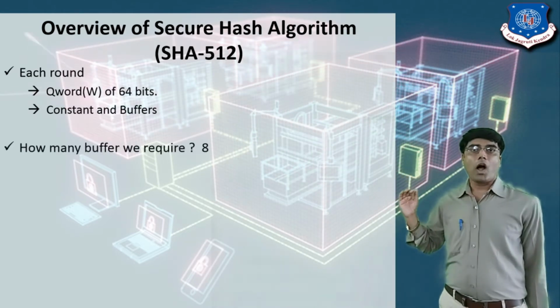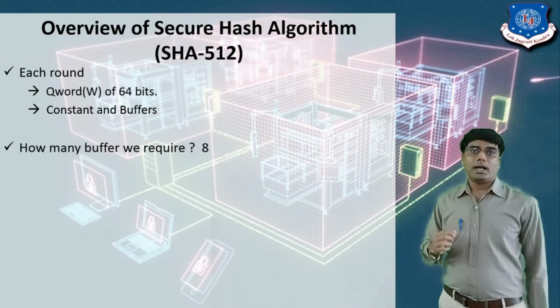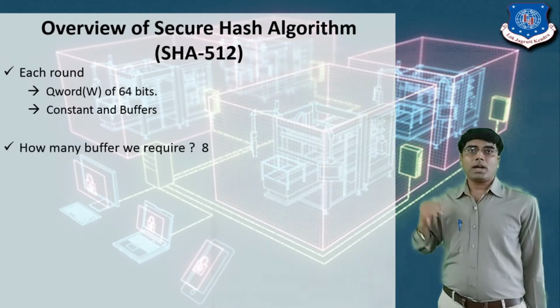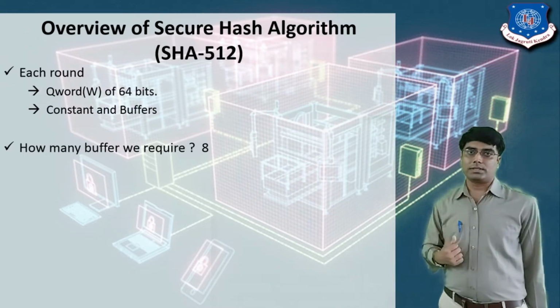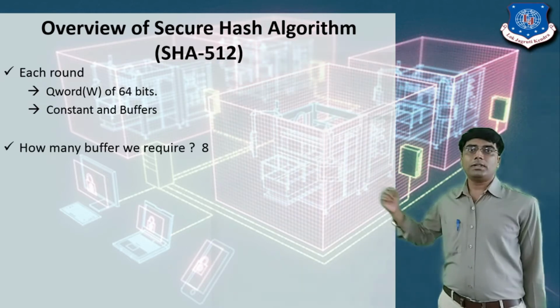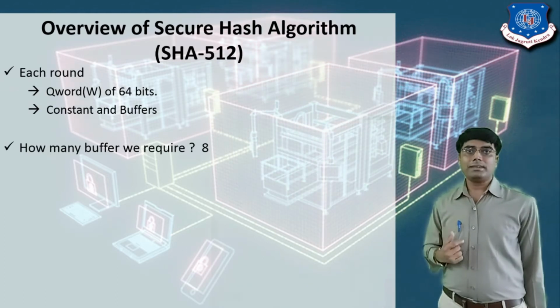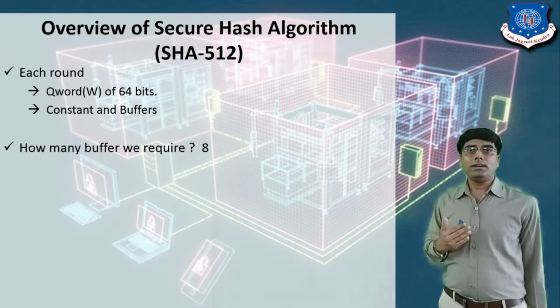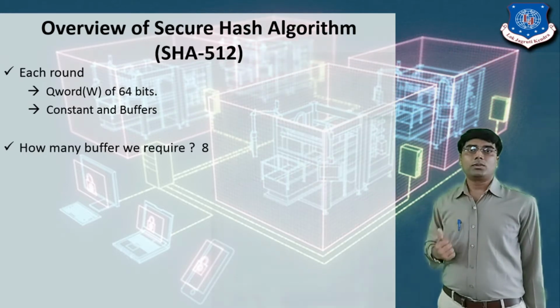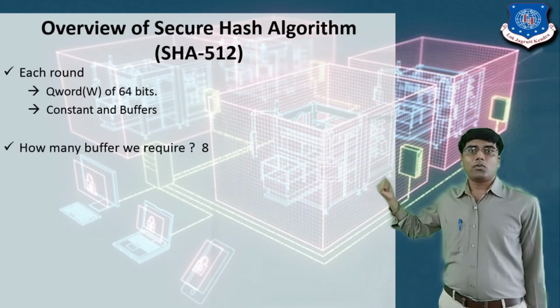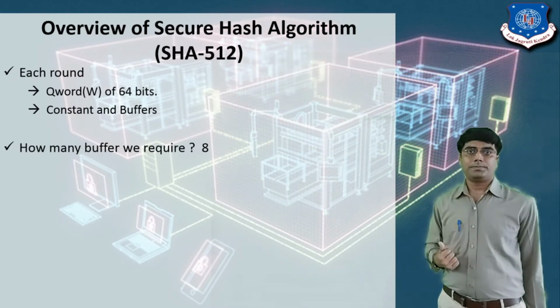Next, how many buffers do we require? As you know, the size of the hash code is 512 bits and the size of the buffer is 64 bits. So if we divide 512 by 64, we get 8. It means that we require 8 buffers.